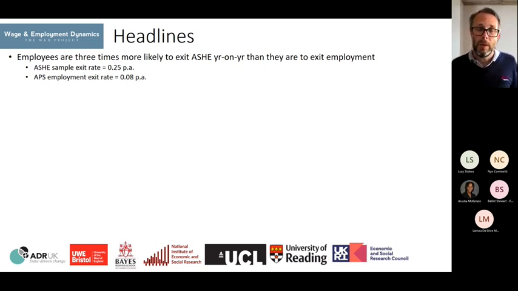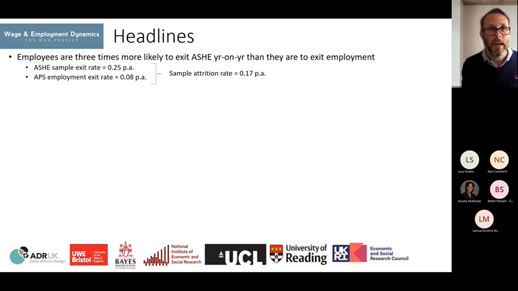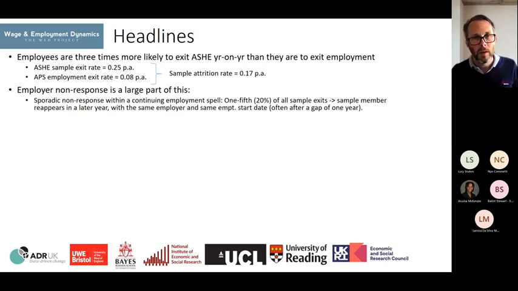So 8% of people typically move from an employee job to some other form of status over a year period. So that suggests, of course, that in ASHE we've got excess attrition, about 17% excess attrition in ASHE than we would expect to see if this sample exit was purely people moving out of scope of the survey and moving out of PAYE employment.